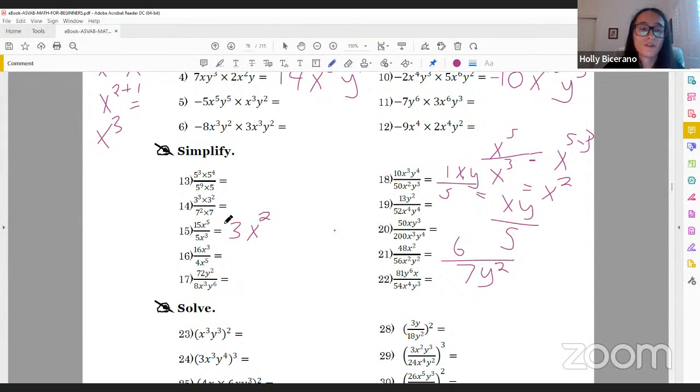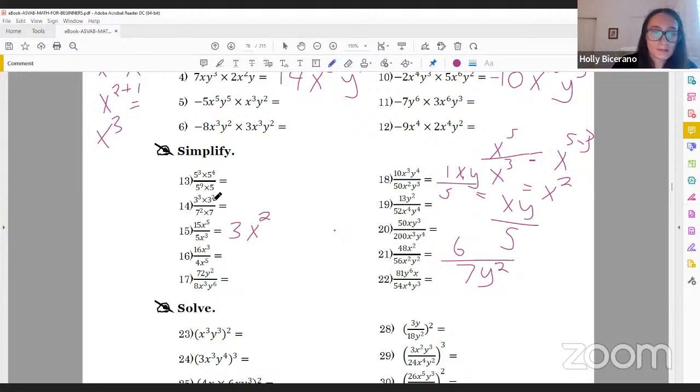Okay, so it works the same. If the base is a number, it still is going to stay the same base. Nothing changes if the base is a number. Some students think that exponent rules go out the window or something crazy happens if the base is no longer a variable, but no, exponent rules are still the same.